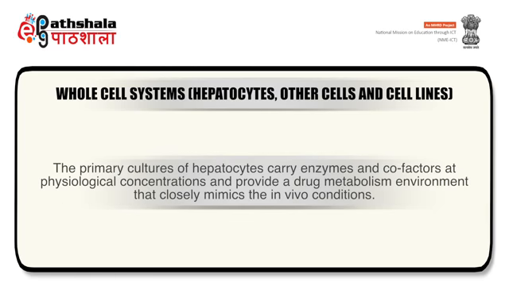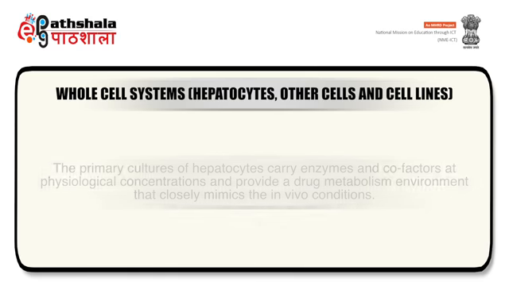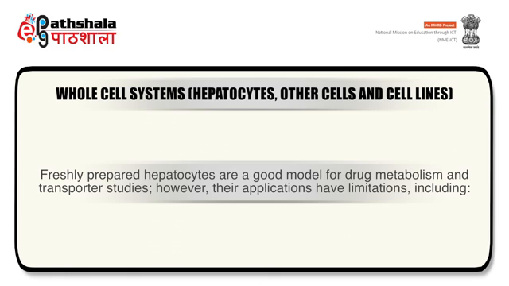The primary cultures of hepatocytes carry enzymes and cofactors at physiological concentrations and provide a drug metabolism environment that closely mimics the in vivo condition. Freshly prepared hepatocytes are a good model for drug metabolism and transporter studies.